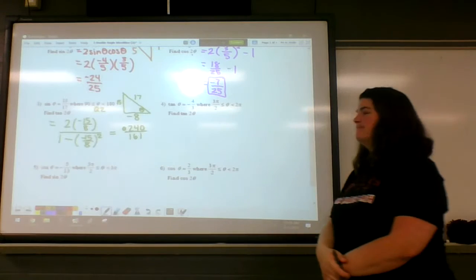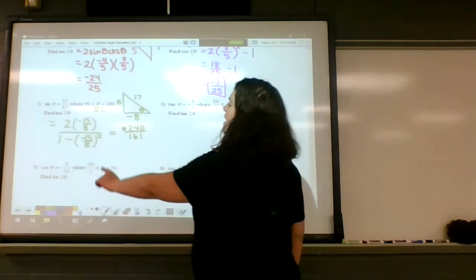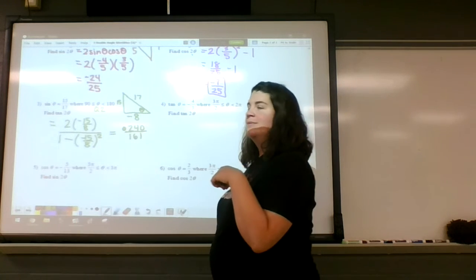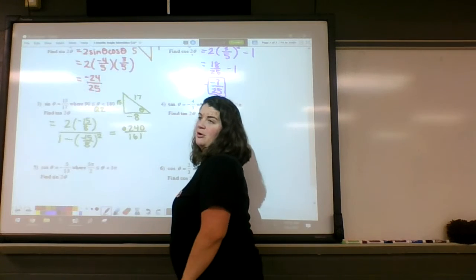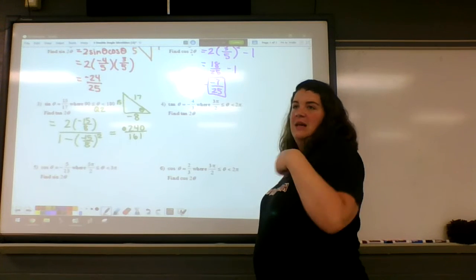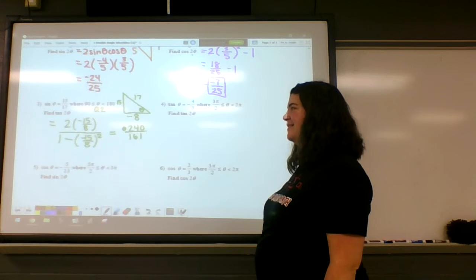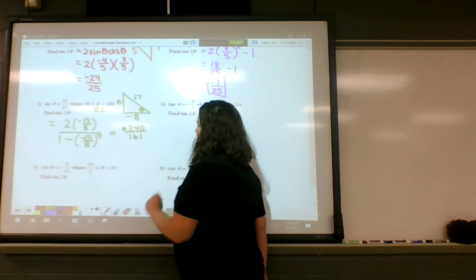And then it divides out. I thought the tangent was always negative. This is a tangent of 2 theta, so you have to think about where 2 theta would end up. If theta is in Q2, if you times it by 2, it's not going to be in Q2 anymore. It's going to move, right? Trust the signs of what you put in here, okay?